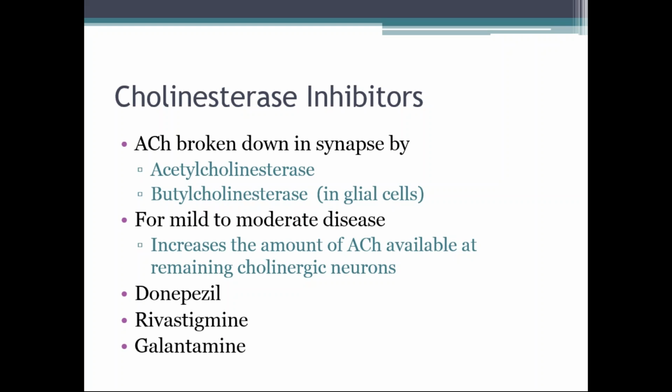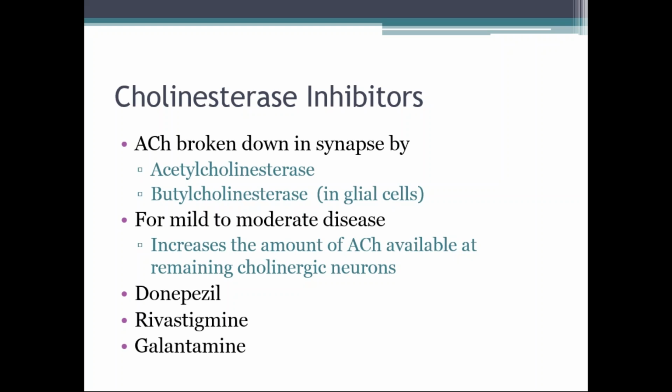The problem is that it seems to be only helpful in mild to moderate Alzheimer's disease. And we're going to talk specifically about Alzheimer's with these drugs because that's really what these are designed for, even though there are many different causes of dementia, for lack of a better word. These cholinesterase inhibitors really are targeting Alzheimer's in particular. But Alzheimer's is also the most common cause of it, so that's appropriate.